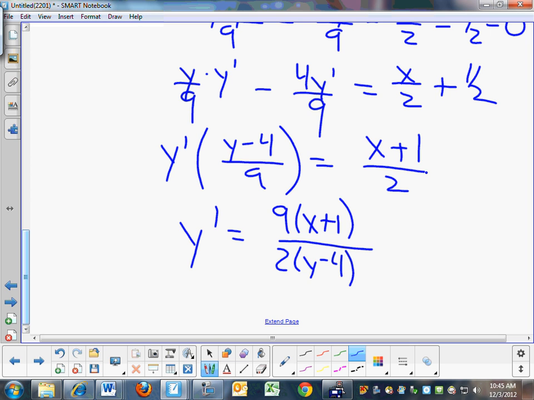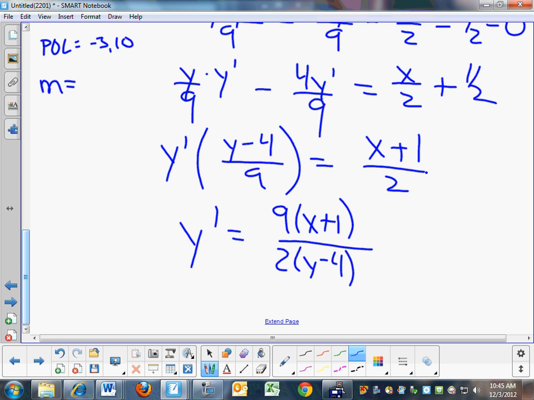What is my ultimate goal? To write an equation for a line tangent at a given point. What is my point? Negative 3, 10. What is my slope? How do I figure that out? I plug it in. So I have negative 3 for x, and 10 for y.